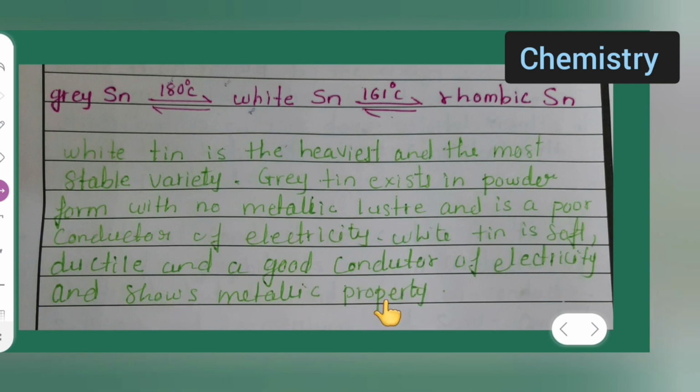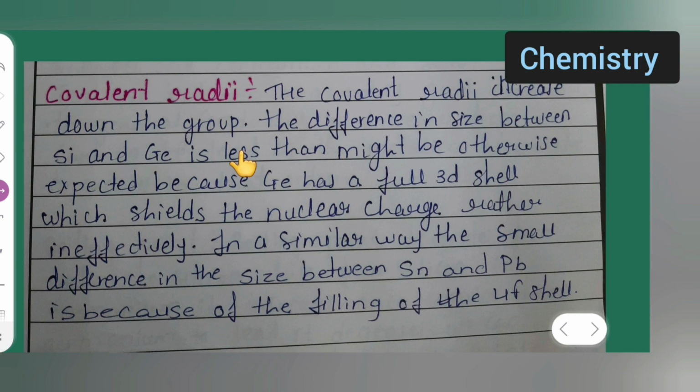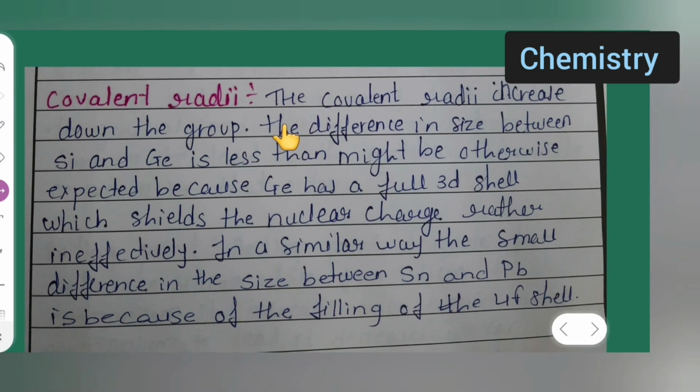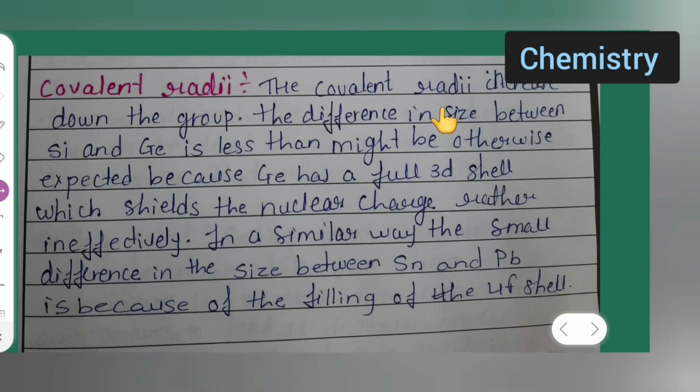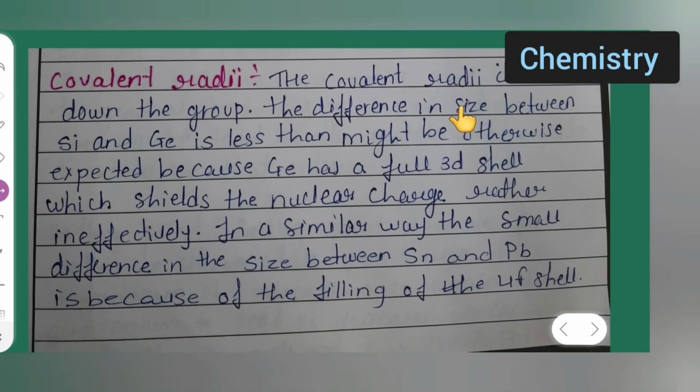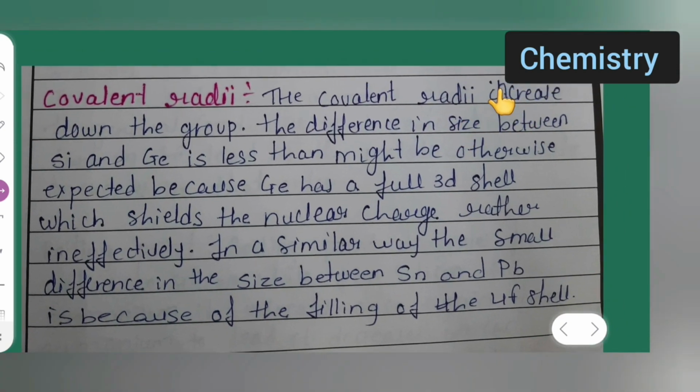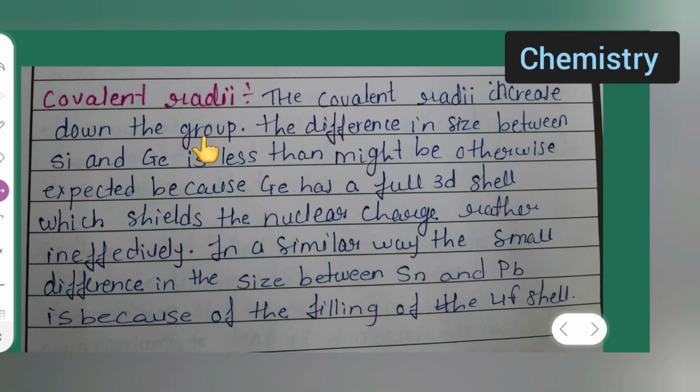Okay, next, moving towards the covalent radii. Let us see what the covalent radii are. The covalent radii increase down the group.